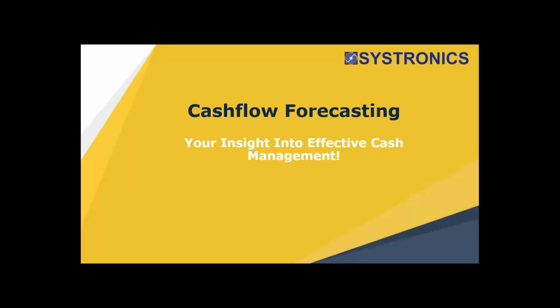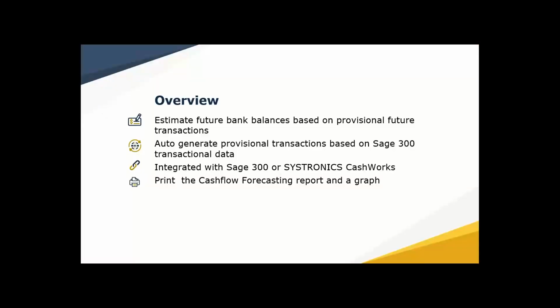Today I will introduce Cashflow Forecasting, which allows you to forecast future bank balances based on provisional future transactions. By using this module, you can generate provisional transactions based on the transactions entered already in Sage 300.